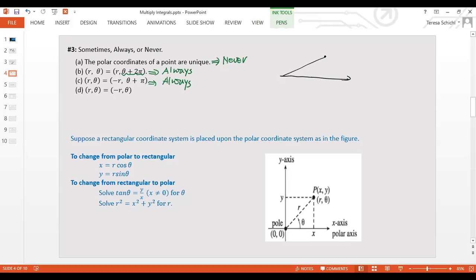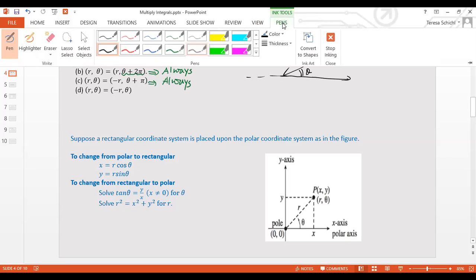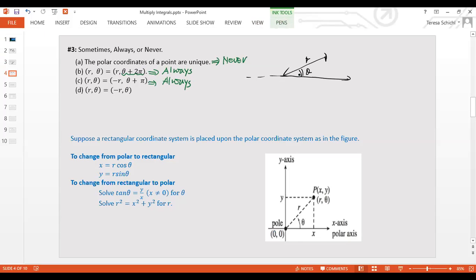For any r, here is my r and this is my angle. If you add a pi, the whole pi goes over here, then you go over theta here. So this is the theta. That's why it's always true.